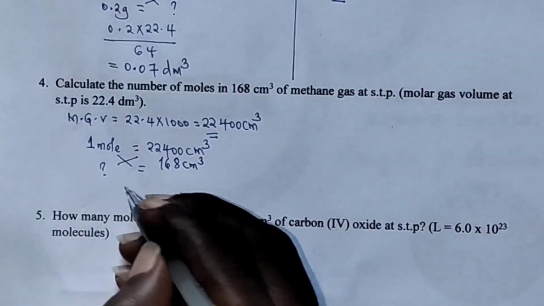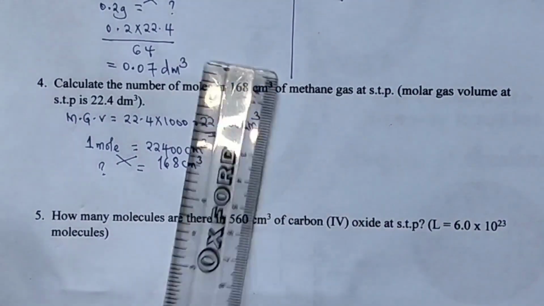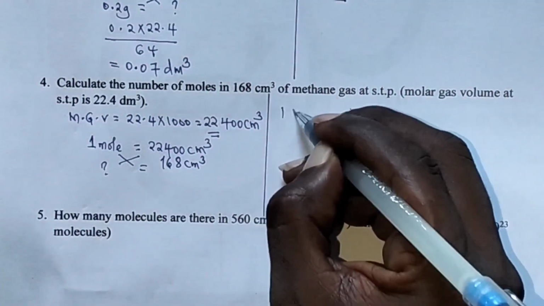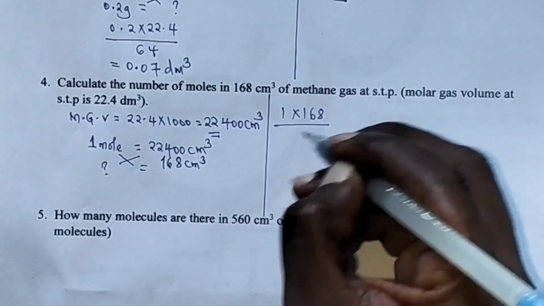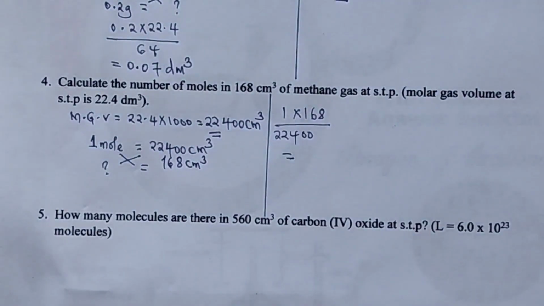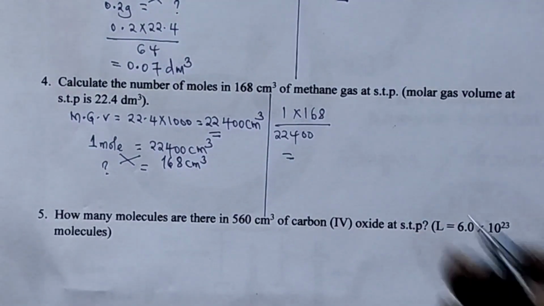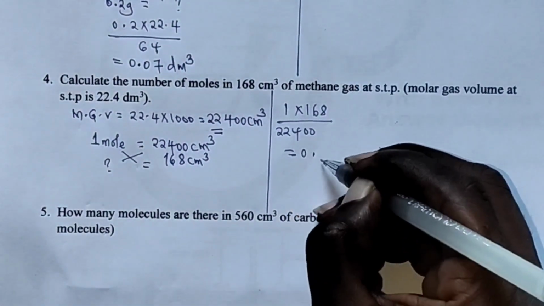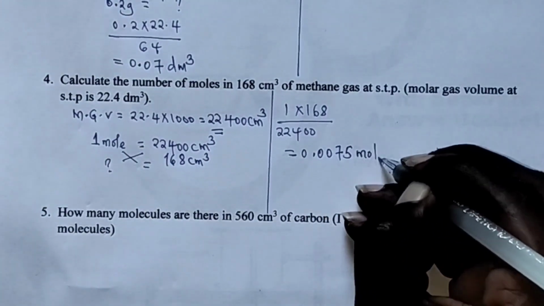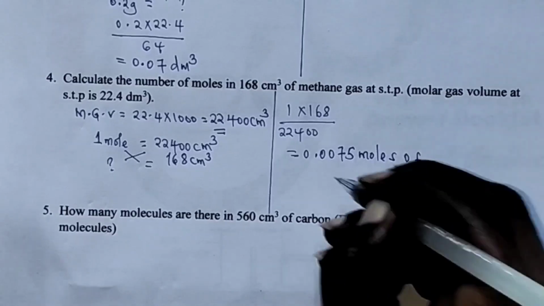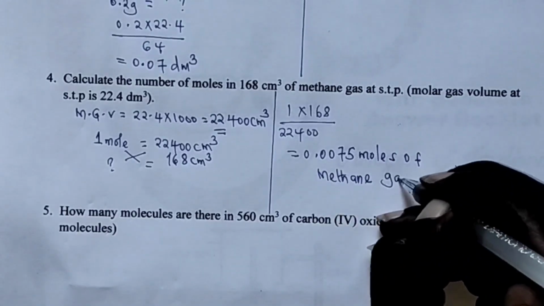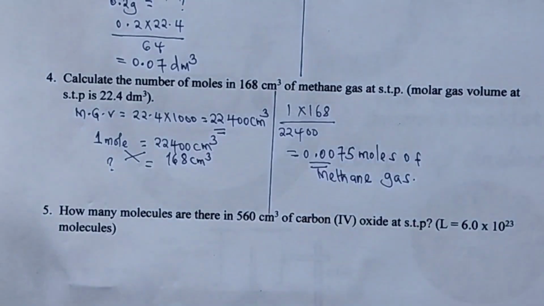Here we are going to say 1 times 168 divided by 22,400. So we want to see what we are going to get. We are going to get 0.0075 moles of methane gas. So we go to question number 5.